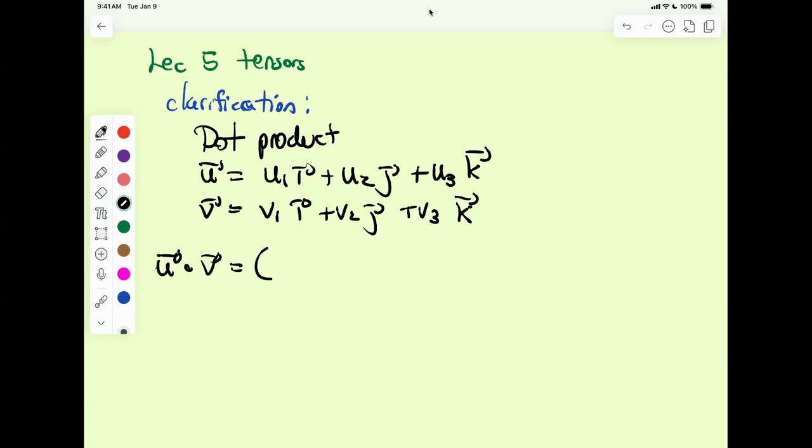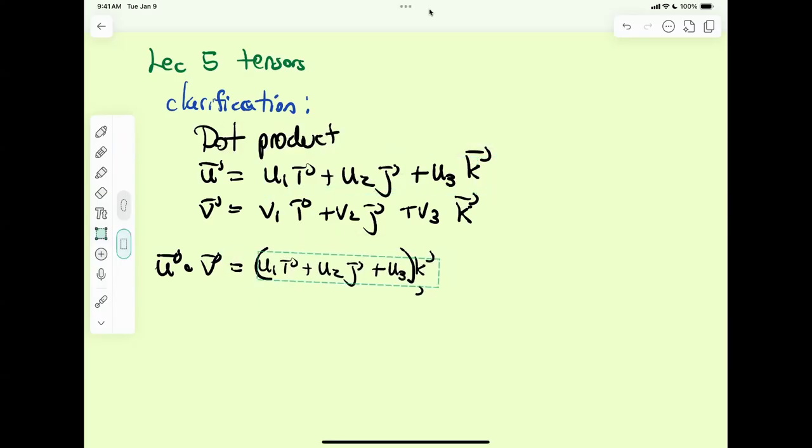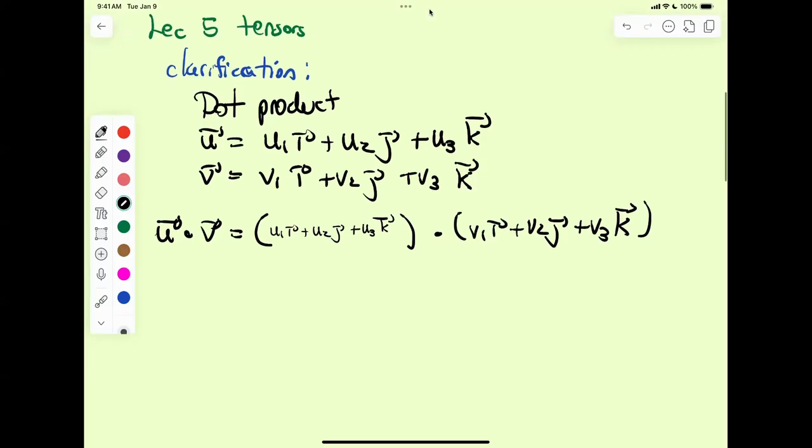Hopefully you remember that one of the properties of the dot product is that the distributive property holds.